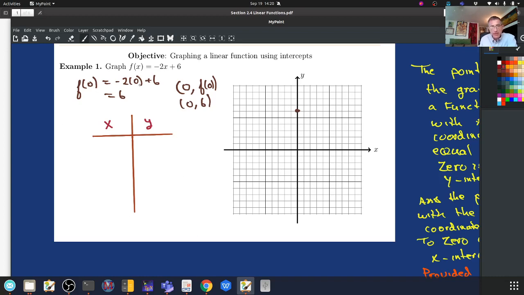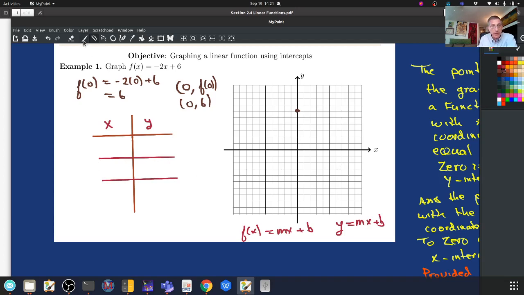If you have f of x is equal to mx plus b, and b is not 0, that means it appears in the equation, then the x-intercept and the y-intercept are different. And remember, you can always write this as y is equal to mx plus b. You should be able to immediately see that those two are the same. So what I do for my classes is I say just do kitty corner zeros, because you're looking for the intercepts, and this will always tell you what the intercepts are.